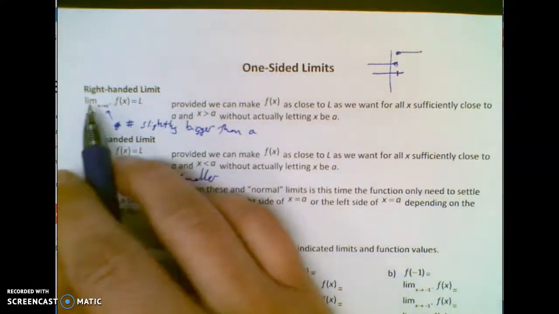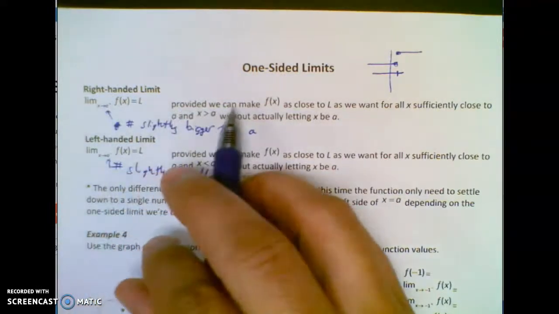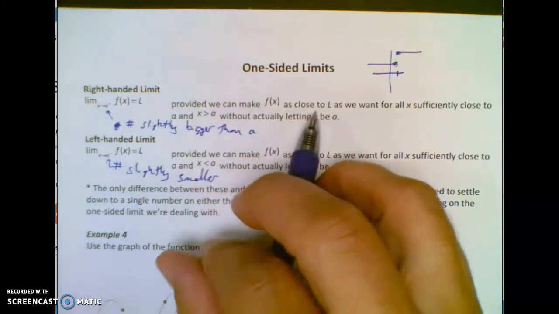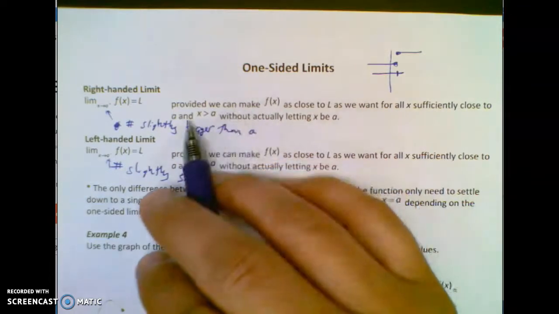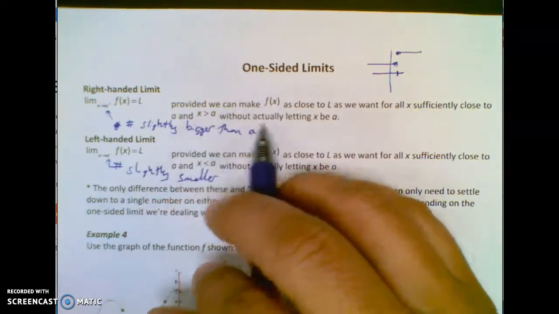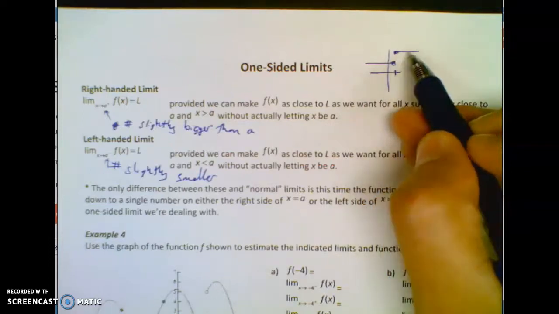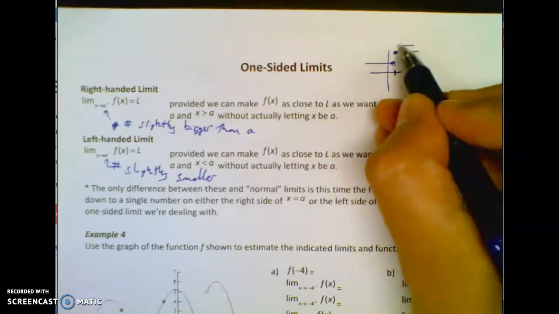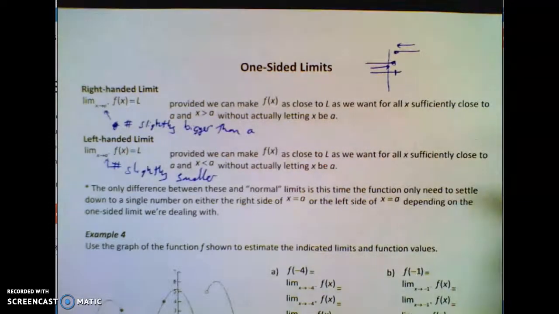So this says, if you're taking a right-handed limit, it'll have that little plus sign, provided we can make f of x as close to L as we want for all x sufficiently close to a, and x greater than a, without actually getting there. So same deal. You never get to that point, but you're talking about approaching it from the right or approaching it from the left.